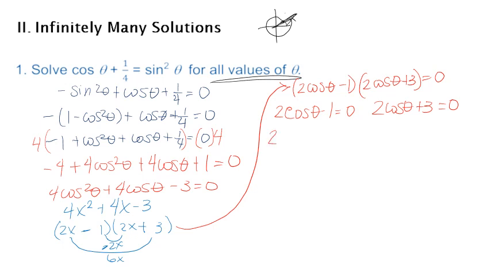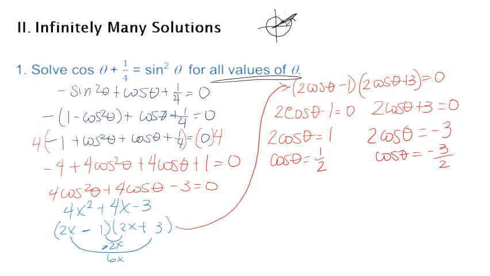So 2 times the cosine of theta is equal to 1, or the cosine of theta is equal to 1/2. On the other side over here, 2 times the cosine of theta is equal to negative 3, and the cosine of theta is equal to negative 3/2.